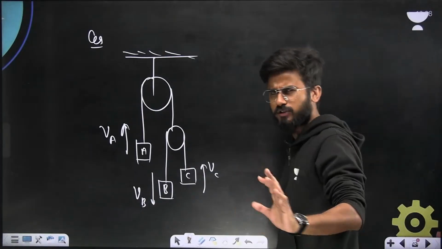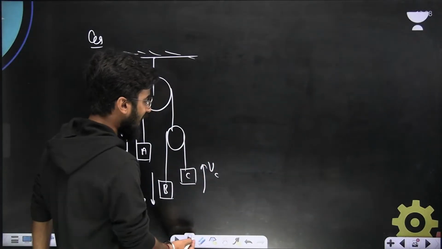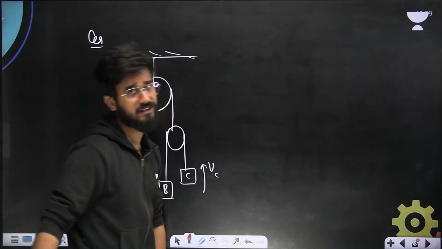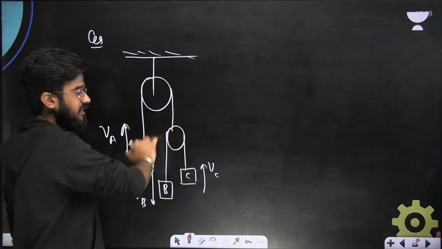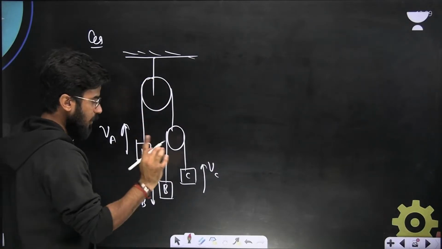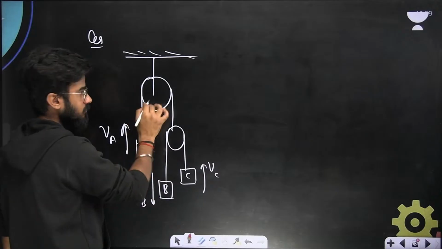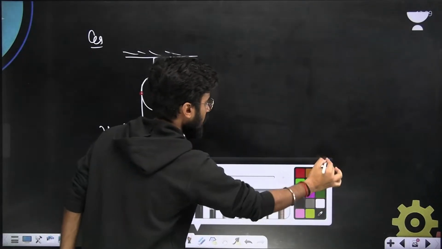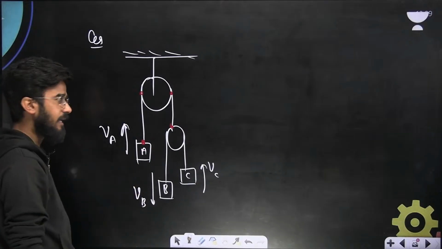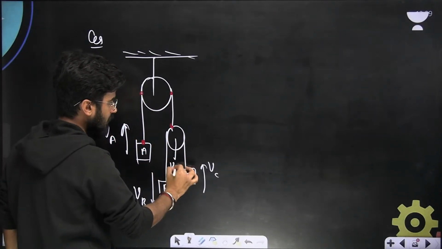So first of all, the procedure is same that I have told you already in the last 2 slides. What we have to do, we have to select a string and we have to mark the points. So first of all, we are selecting this string. Okay, so first of all, mark the points. Since this block is moving with VA, and this block is at rest, and suppose this is the velocity of pulley.